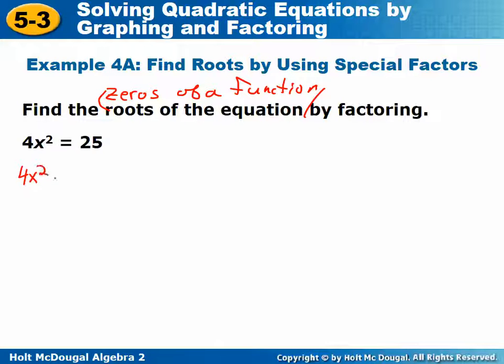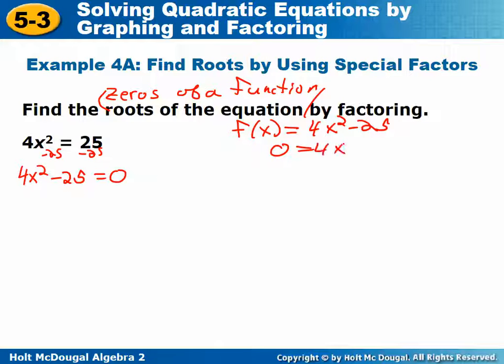So I'm going to subtract 25 from both sides, which leaves it equal to 0, which I want. Do that no matter what kind of equation or function you're given first. If you are given f of x equals 4x squared minus 25, then you just replace the f of x with 0 and continue. But if you're given one side equal to another side, then set it equal to 0. Then we will continue from there.